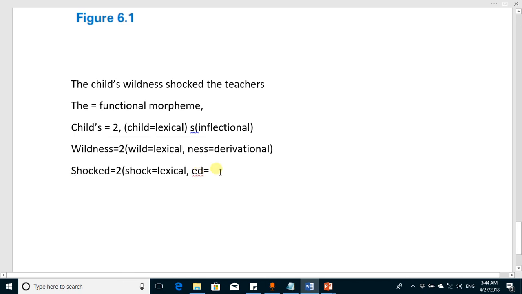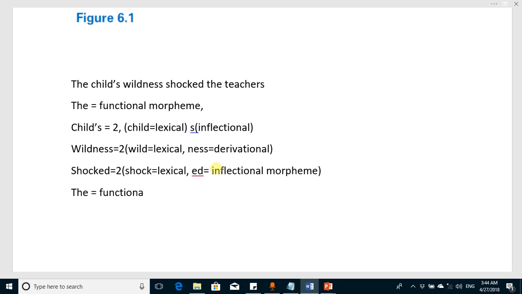It is an inflectional morpheme. And the last word, teachers, has three morphemes.